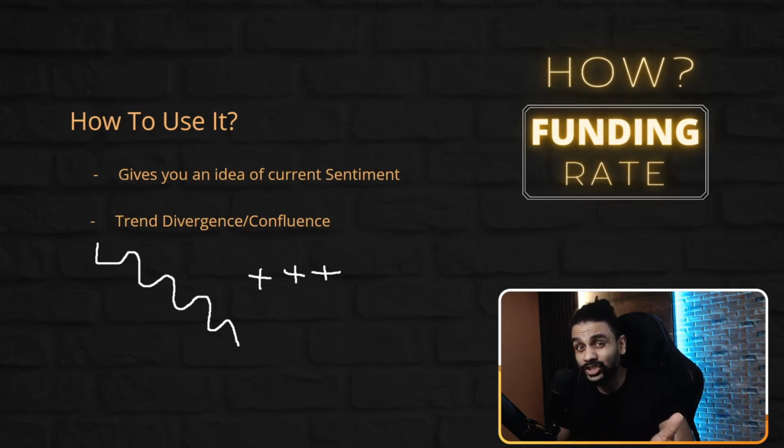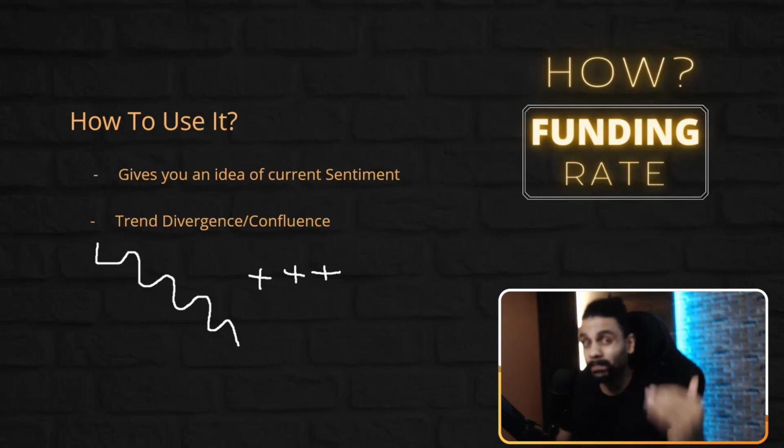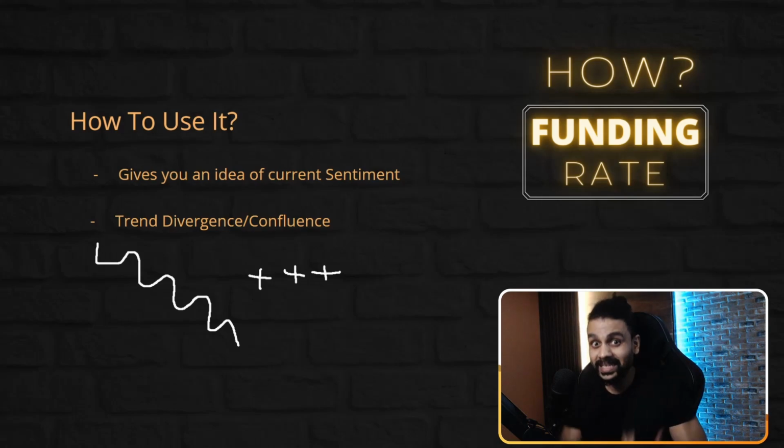And that is essentially telling us that the longs are being aggressive with their buys, but the market is not moving in their direction. This is not an environment that I would want to be long in, because the current longs are going to be feeling a lot of pressure on their positions. Think about it, guys.